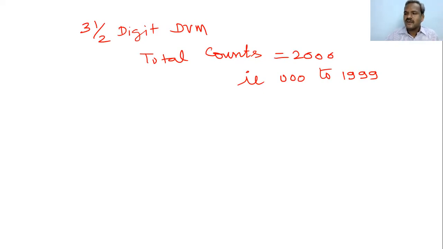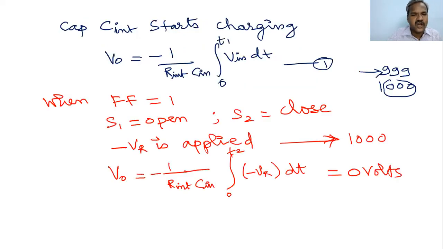Understand? During the charging period, V naught is minus 1 by R int C int, integral from 0 to T1 of V in dt, equation 1. During the negative integration cycle, V naught equals 0 minus 1 by R C, integral from 0 to T2 of minus VR dt, equation 2.